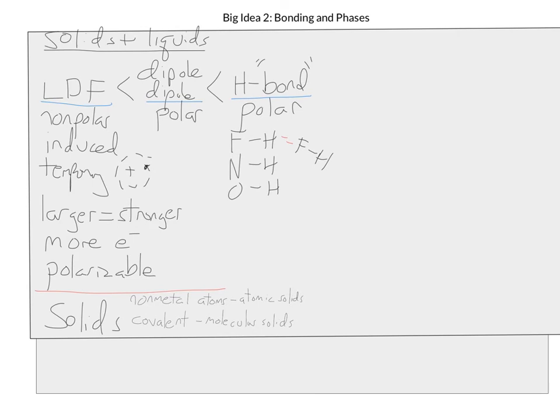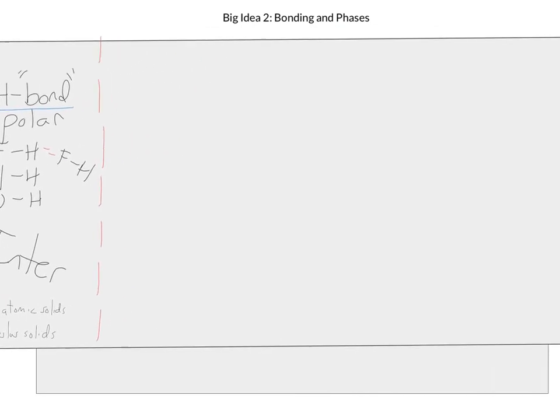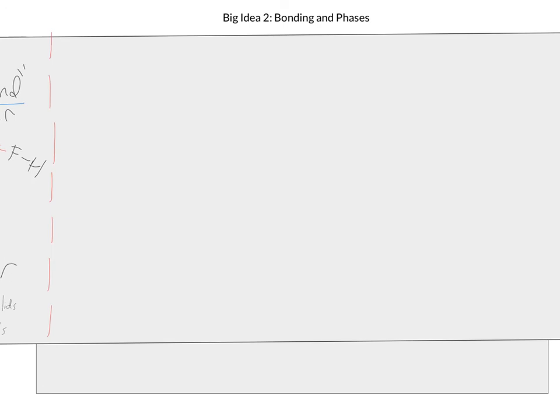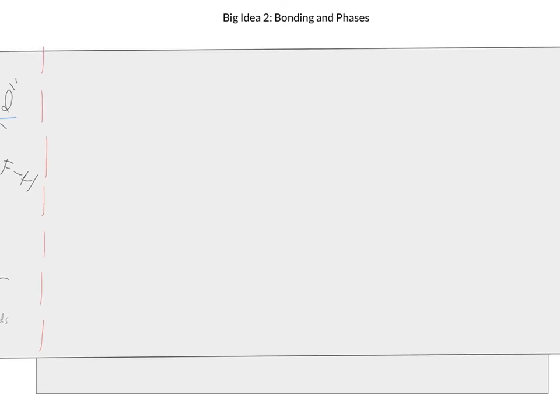Now I'm going to put a big line down the middle here because those are our intermolecular forces. And on the other side of the aisle, we're going to get the intramolecular forces. Intra means within the molecule.